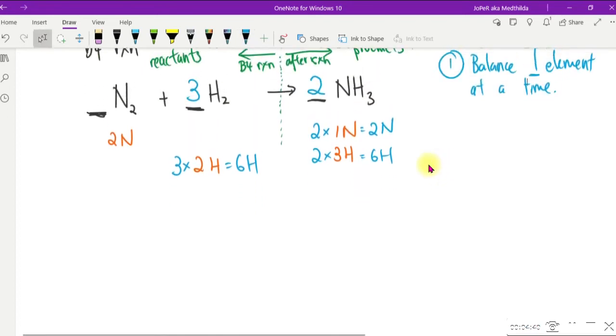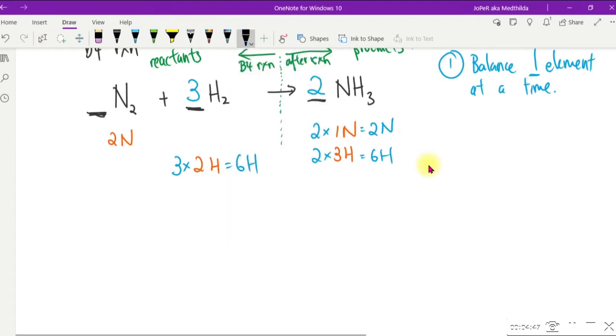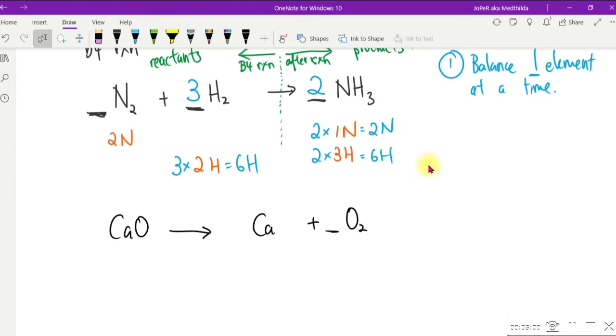Another example, what do I have here? Let's try another simple one. Let me change my pen color to black. What I'm going to have is CaO, calcium oxide, undergoing thermal decomposition to give me calcium and oxygen. I'm going to have the line over here to show the balancing.